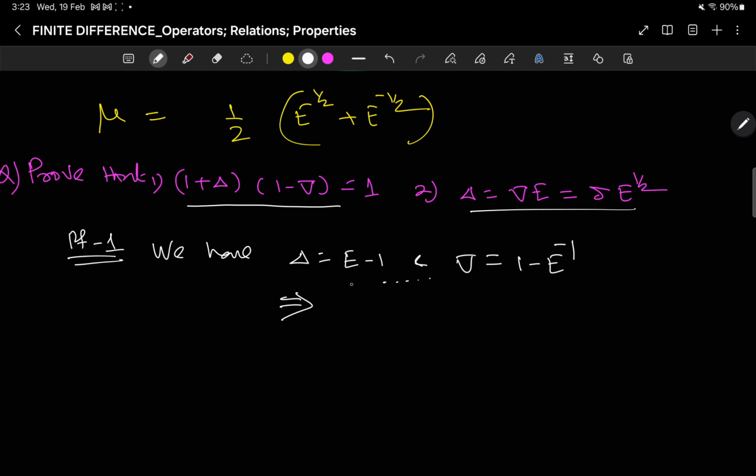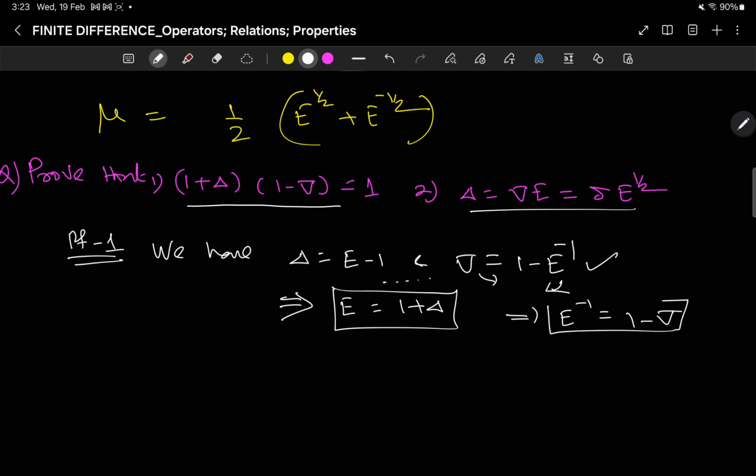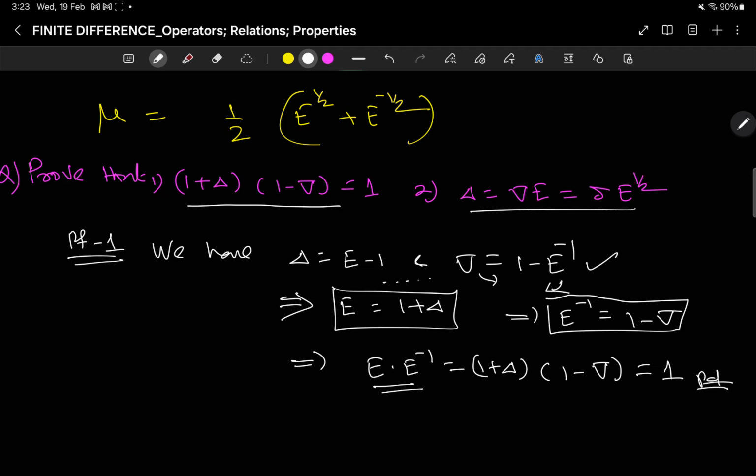This implies 1 plus del E is equal to 1 plus del, and bringing this to this side, E inverse is equal to 1 minus inverted del. If you multiply these two, E into E inverse is 1 plus forward del into 1 minus backward del, and this is 1. Proved.